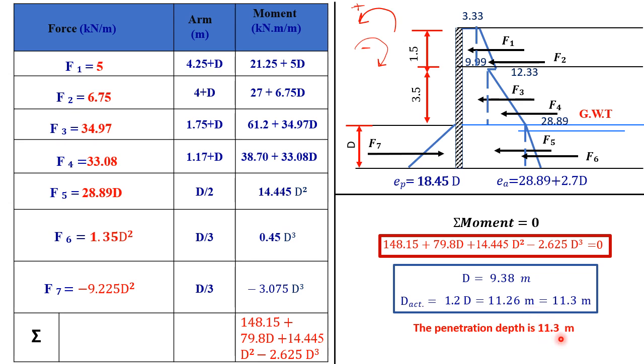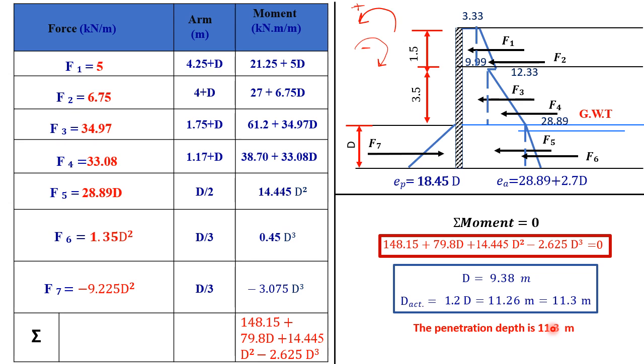On the other hand, if you have a stronger soil with a higher friction angle, or a lower value of live load, your penetration depth will be lower. So the penetration depth depends on many factors here.